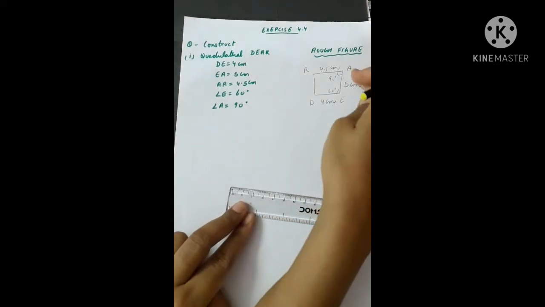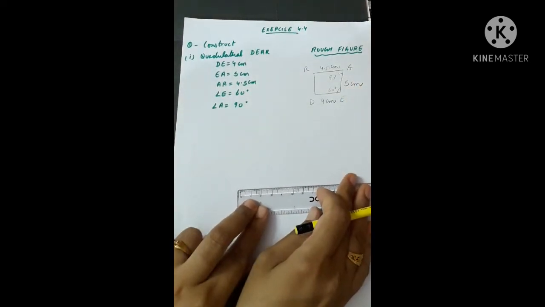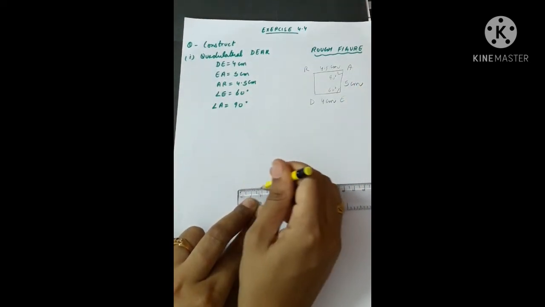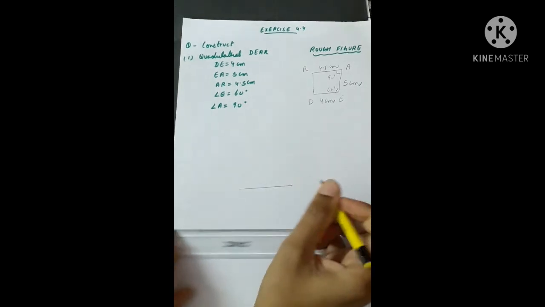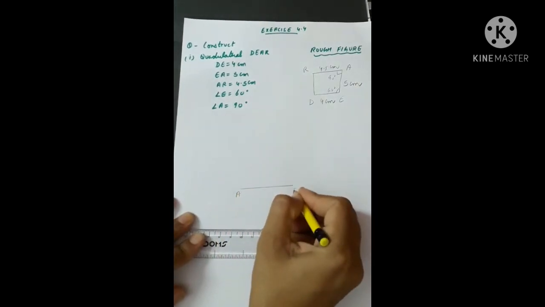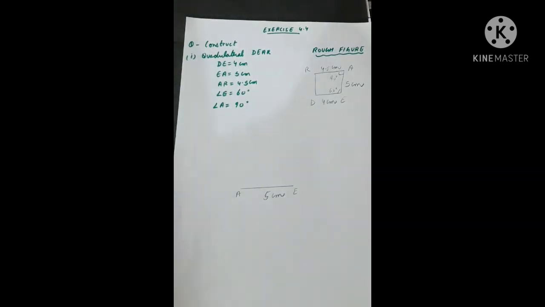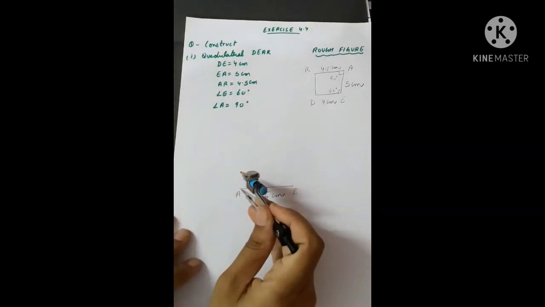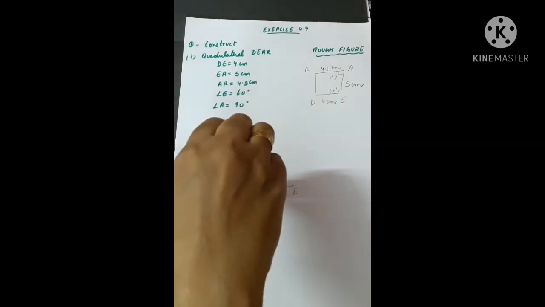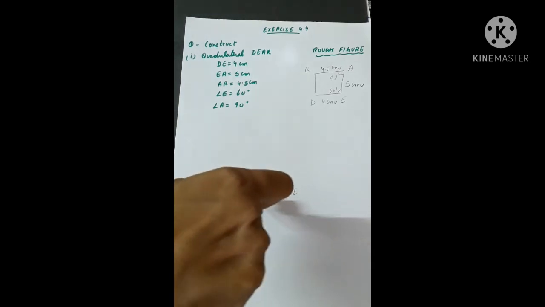I am starting from this side, AE as the baseline. It is 5 centimeter from A. This is AE, 5 centimeter. So I'll write here 5 centimeter. At A I have to construct an angle of 90 degree and at E I have to construct 60 degree. So as we constructed in previous questions, in the same way, 90 degree.